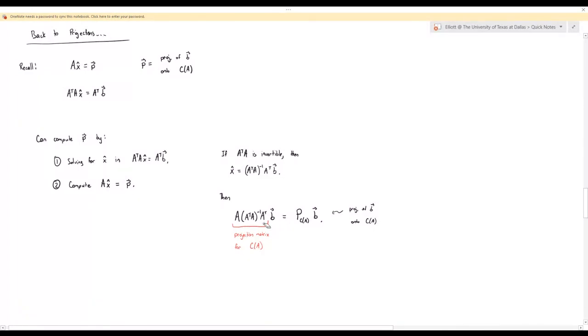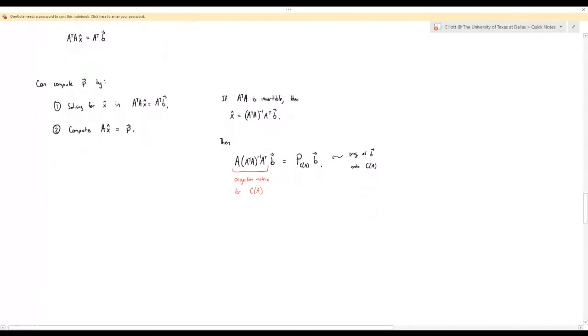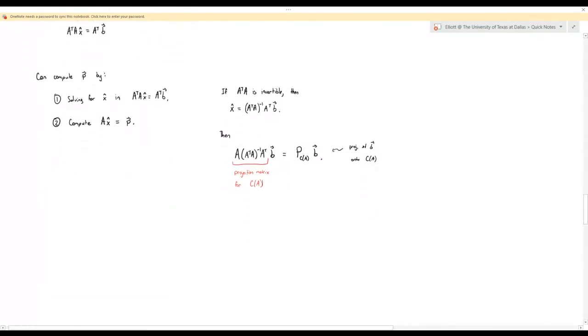Because what this matrix does is it multiplies with a vector B, and then it outputs the projection of B onto the column space of A. So a problem asking you to compute a projection matrix would basically be asking you to compute this product, okay?